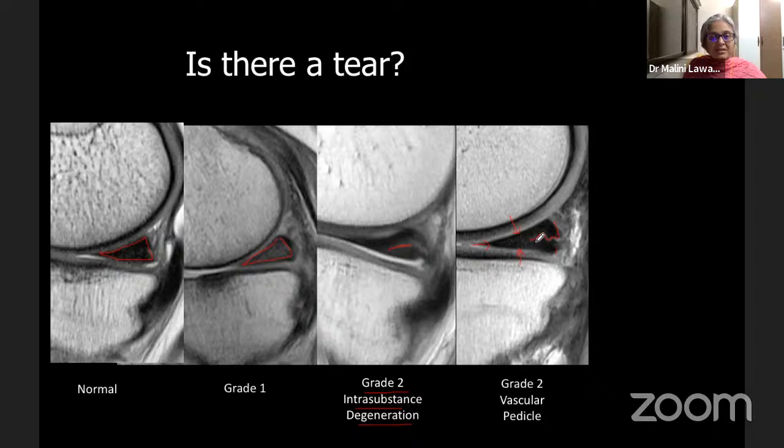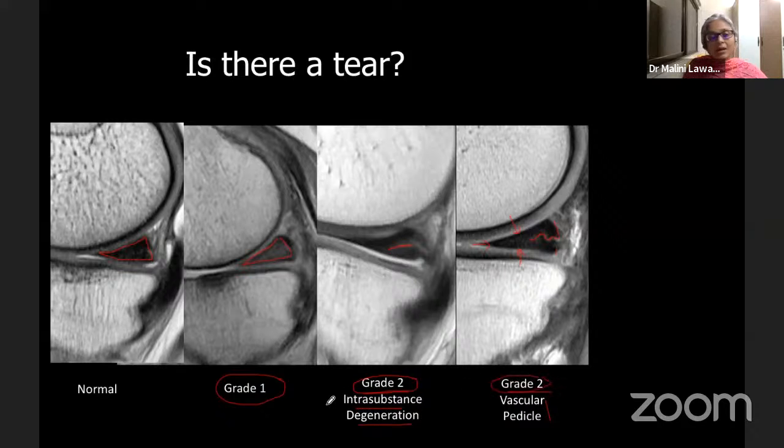If the signal here, like this, that is again a grade 2 signal, which is often due to a prominent vascular pedicle. So we see this more often in young children and young adults. So this is signal. Now the problem occurs when people start labeling this as a grade 2 tear.